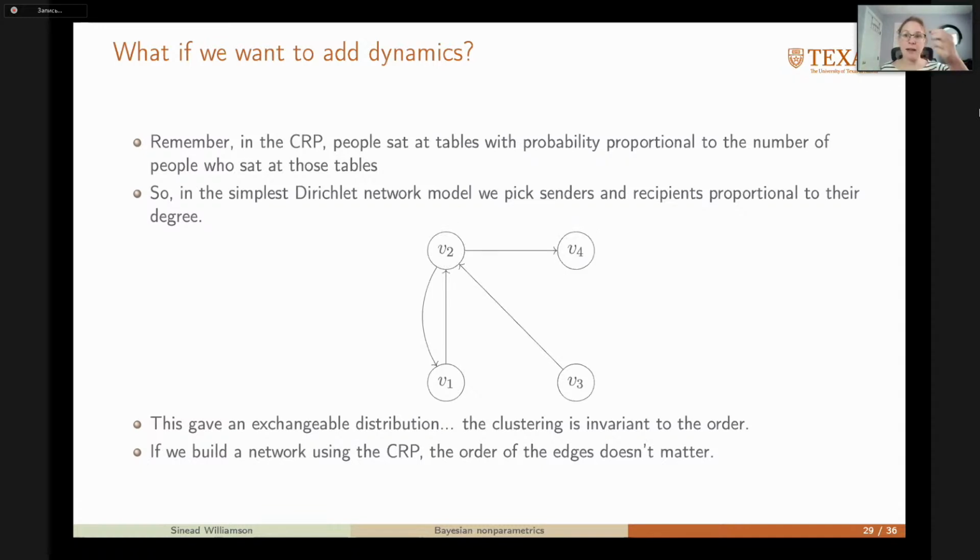So I build up my network by sampling from this Chinese restaurant process where my customers are the degree, basically. Now, remember from last time, Chinese restaurant processes don't depend on the order, right? I'd be just as likely to get this structure if I'd seen the edges in a different order. Is that true of real networks?